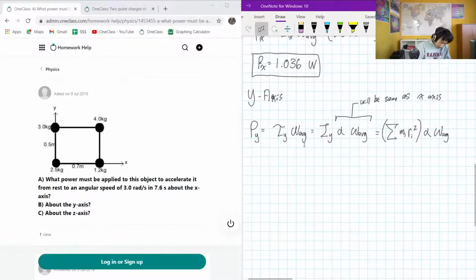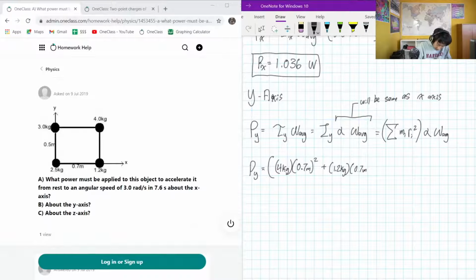Okay, so let's write this out. Power of y. Our first mass is going to be the 4 kilogram multiplied by 0.7 meters, but we have to square the distance, plus our second mass, 1.2 kilograms, multiplied by 0.7 meters squared again.